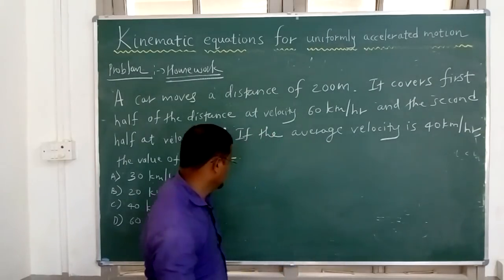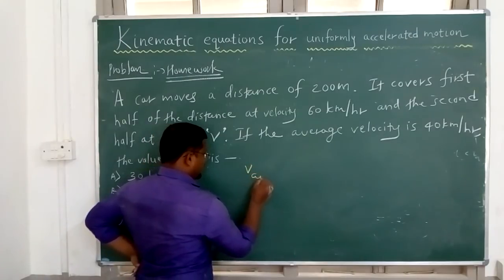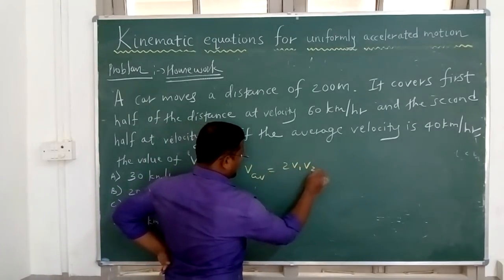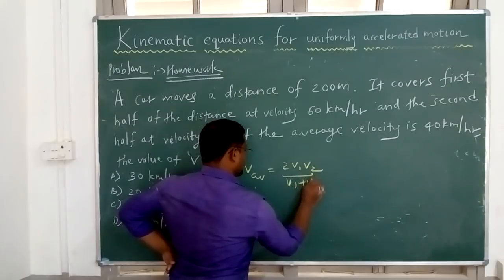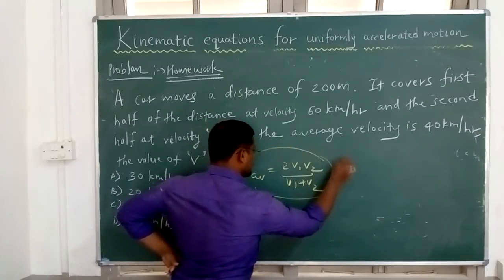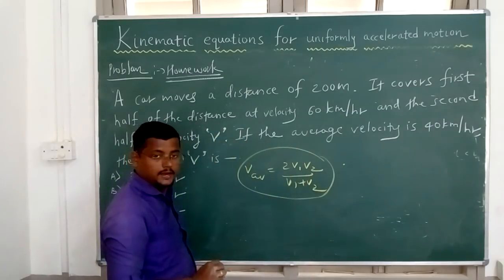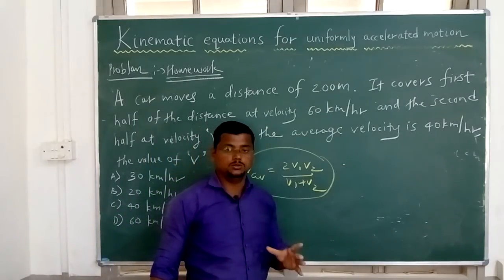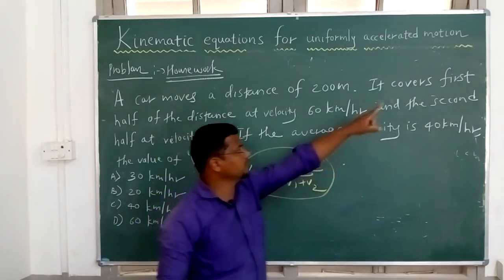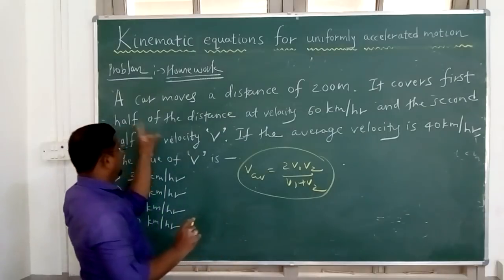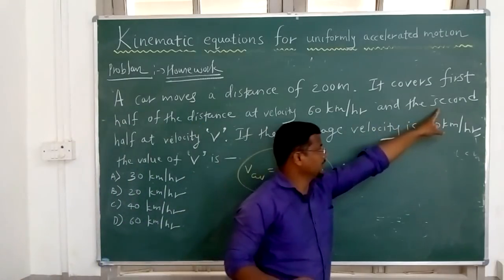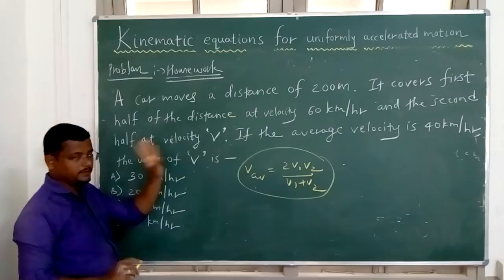Hint I will give. Make use of the formula V average is equal to 2 times V1 V2 by V1 plus V2. Why do you have to use this formula? Because they have told that the distances covered during the two journeys are half of the total. Just see, first half of the distance and second half of the distance.